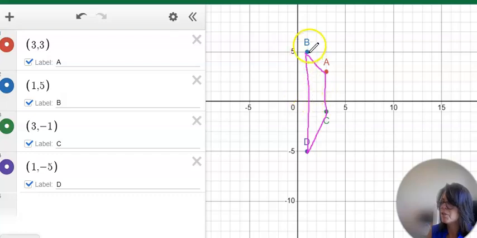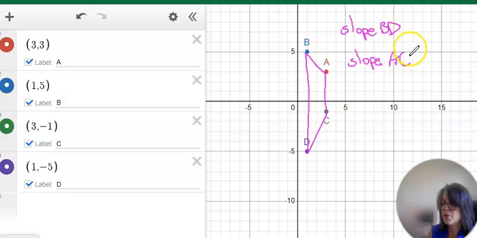So if we look at the slope of BD and we compare it to the slope of AC, if those lines are parallel, what could you tell me about their slopes? They should be the same, right? Well, we have vertical lines.